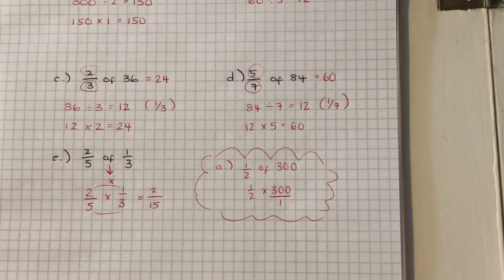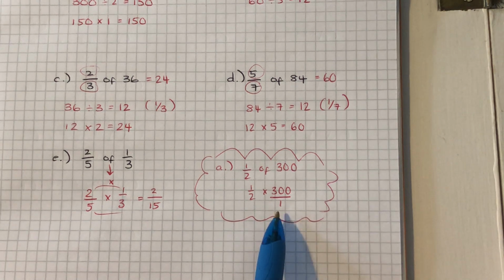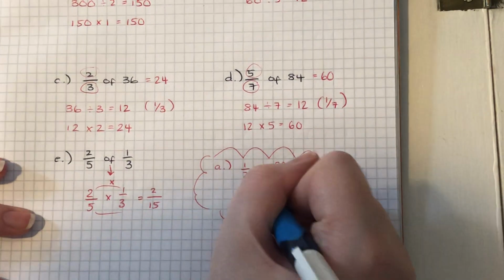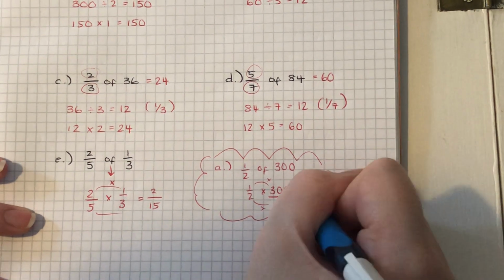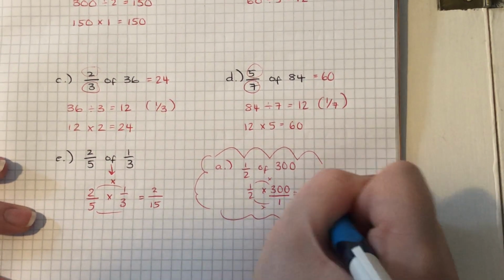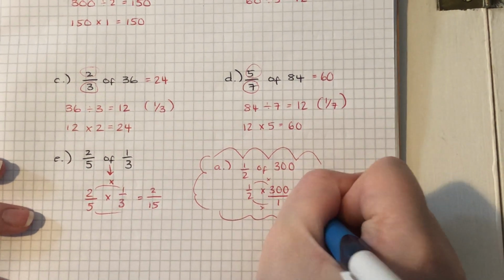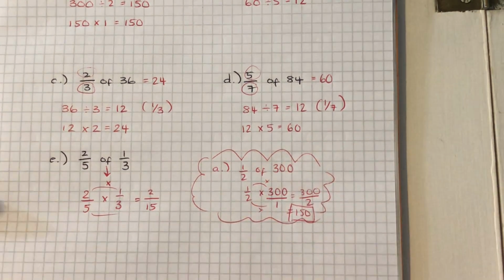Okay, so if you multiply by a whole number, if you just write it over 1, then you can then just multiply them like normal fractions. So that will be 300 over 2, which is the same as half of 300, which is 150.